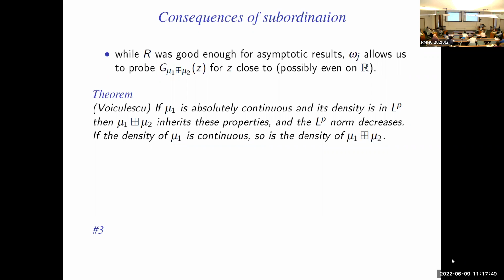The consequence is that if mu1 is absolutely continuous and its density is in L^p on the real line, then the same thing is true for mu1 convolved with mu2. So the existence of a density which is integrable to some power is inherited by free convolution.